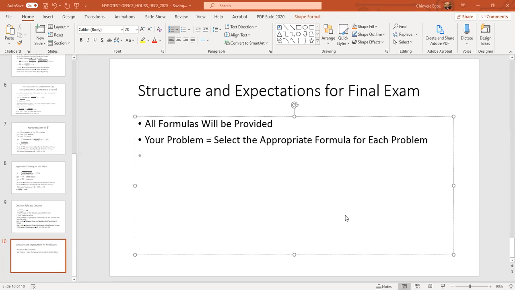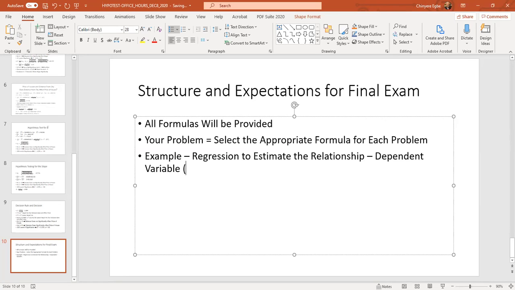Now, I'll provide you an example. The example will be a regression to estimate the relationship between the dependent variable y, and here we're going to talk about the rate of return on mutual funds, and the expense ratio.